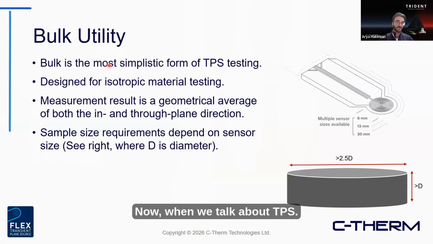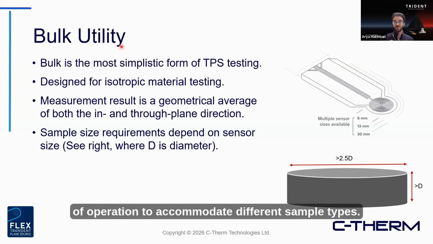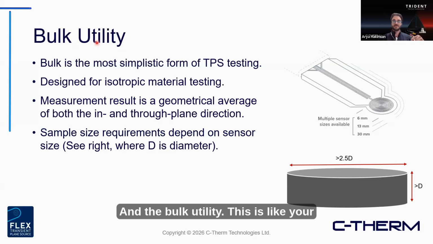Now, when we talk about TPS, I would say it's very separated in terms of its functionality. We have different utilities or modes of operation to accommodate different sample types. And the bulk utility, this is your entry form of TPS testing, really geared towards larger size bulk materials.